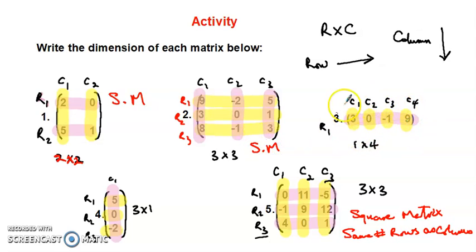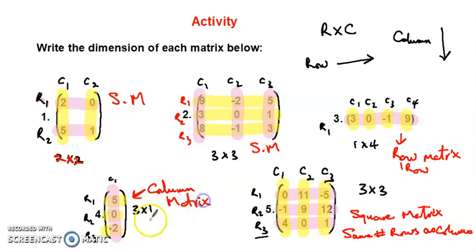But this is not a square matrix. This is what we call a row matrix, because it has only 1 row. And then we refer to this as a column matrix, because it has only 1 column.